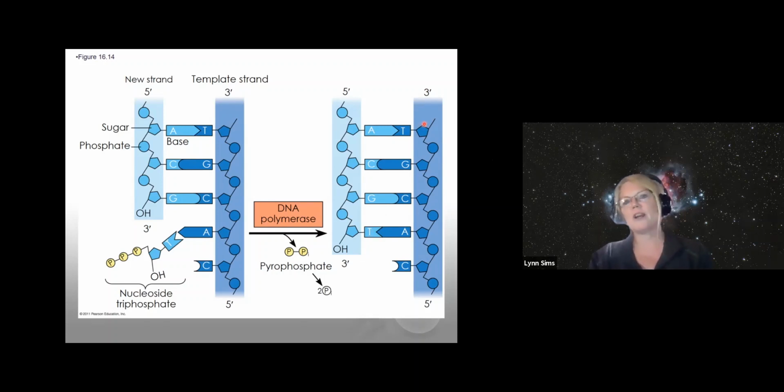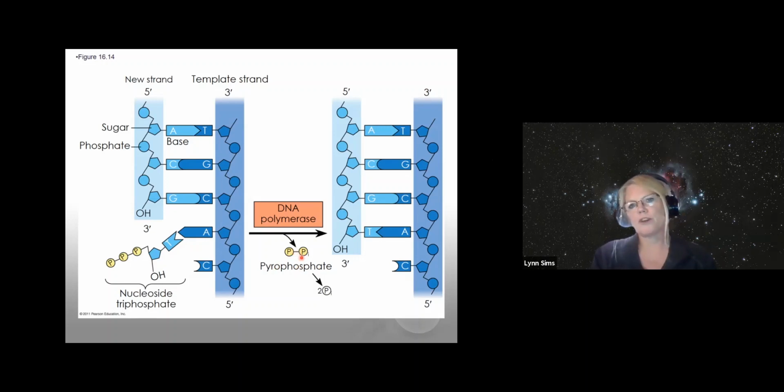Again, the parent strand is going to be called the template strand at this point. And then the new strand is like the daughter strand, which is going to be a complementary copy of the parent strand. And what happens is we have a nucleoside triphosphate. DNA polymerase removes two of the phosphates, and this is called pyrophosphate.